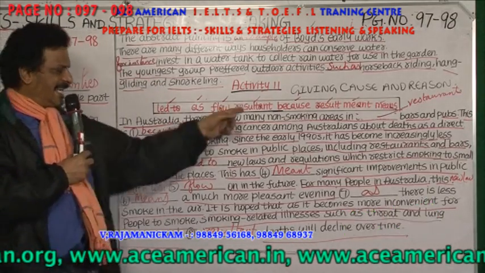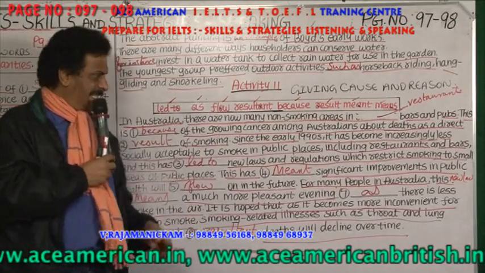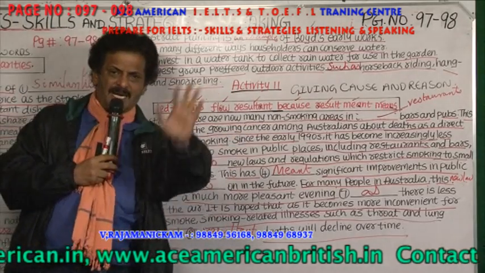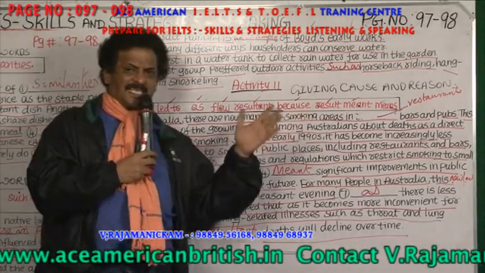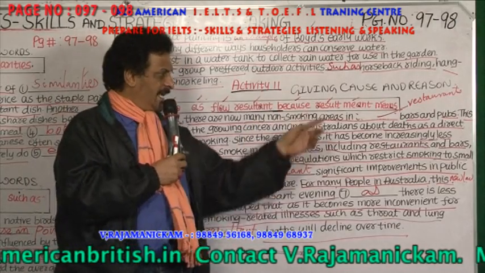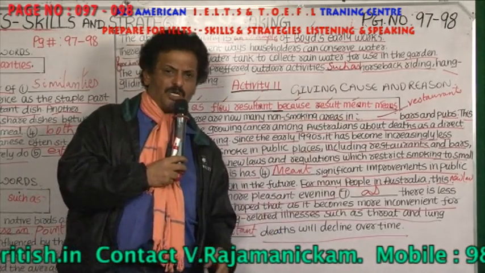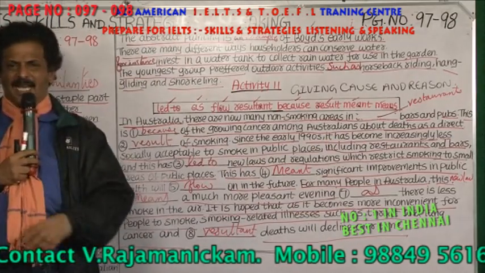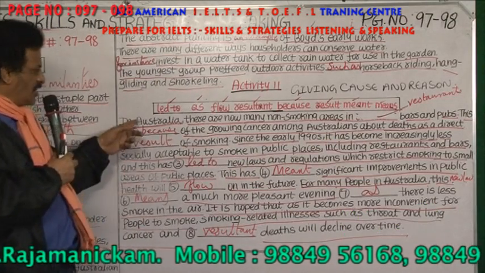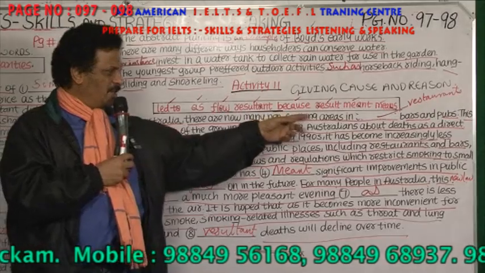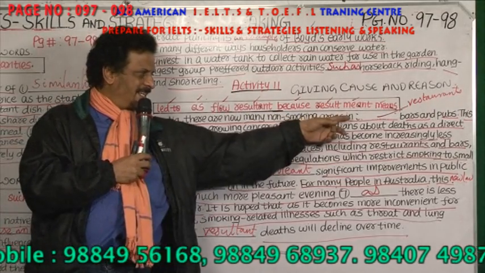Resultant, இதன் விளைவாக இன்னொன்று நடந்தது. Because, அதன் காரணமாக இன்னொன்று நடந்தது. Result, இதன் விளைவாக இன்னொன்று நடந்தது. Meant, இது இப்படியாக அர்த்தம் கொள்ளப்பட்டது. Means, இது இதுவாக இருக்கிறது.